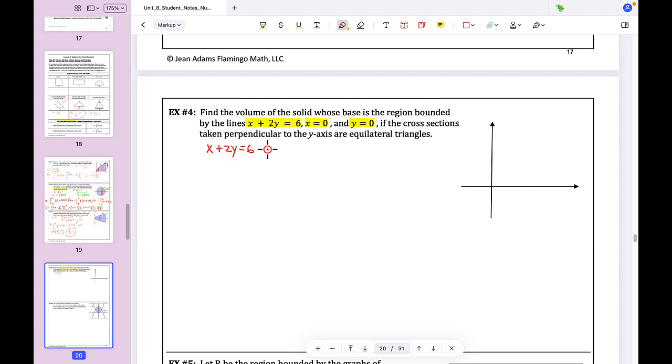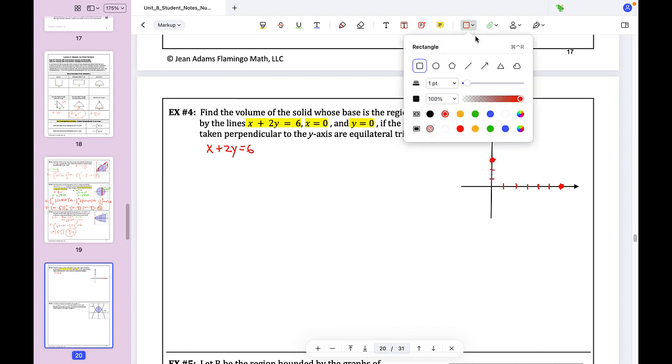If I put that in slope-intercept form, actually I don't have to do that. I can leave it in this form and graph it by the x and y intercepts. So that means it's going to cross the x-axis at 6, right here, and it's going to cross the y-axis at 3, right there.